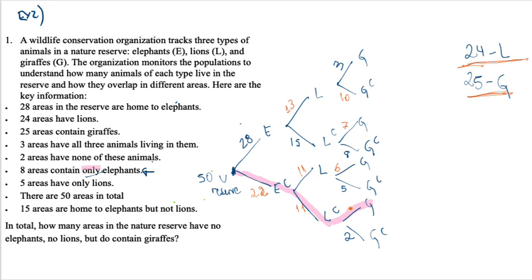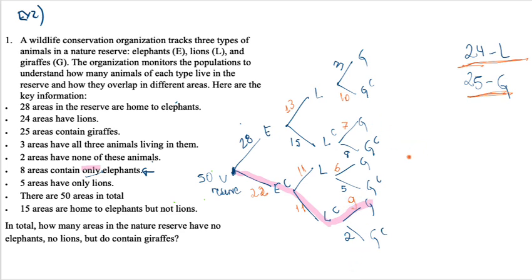So whatever number comes in here, okay, because all the paths that go into giraffes have to be accounted for, and the sum of these paths needs to be 25. So up until now, I have 16. So whatever number I put here has to sum up to 16 and result in 25. So this is 9.